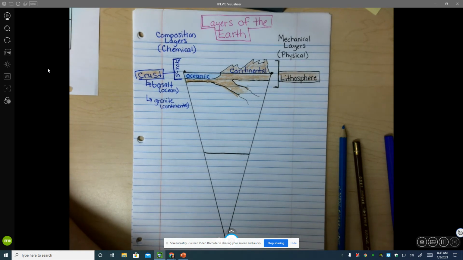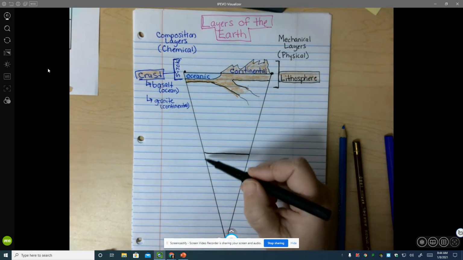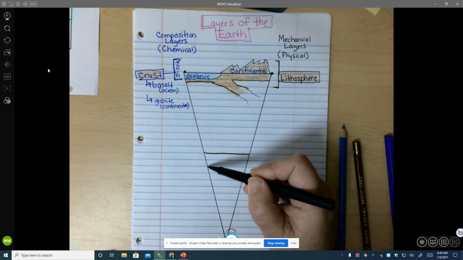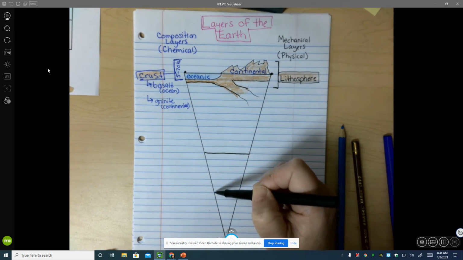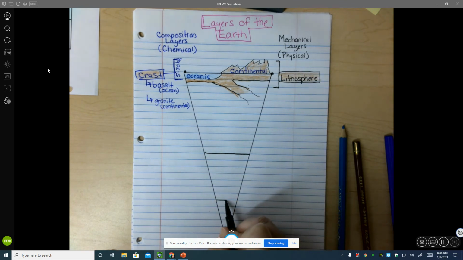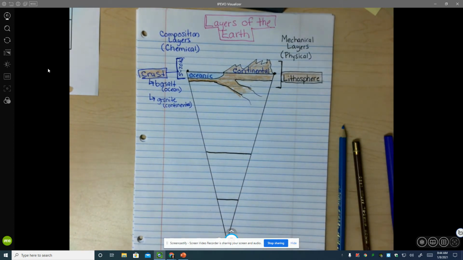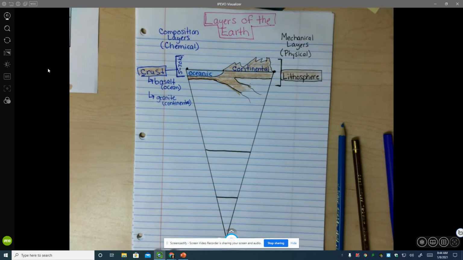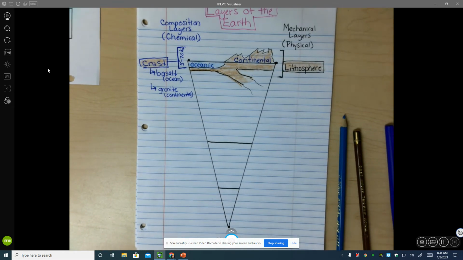I kind of put a little air around my trench. And then from there, I'm going to do about 1, 2, 3, 4, 5, 6, 7 lines down and draw a line. That was my ocean right there. All right, so there is kind of a split there. All right, so we have the crust.